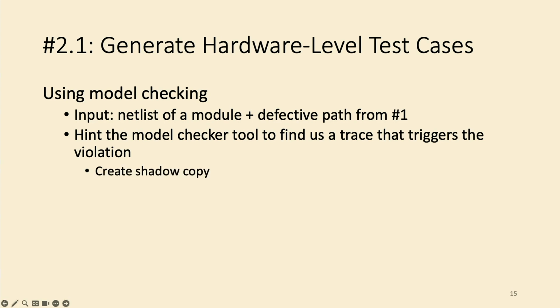So you create a shadow copy of the circuit, and then you encode a constraint that says, given the same inputs to the circuit, is it possible to produce different outputs? Because that shouldn't happen, right? It's a sequential circuit. Is it possible to produce a different output given some aging-related effects? And if it is possible, it means there's maybe an aging-related issue going on. So it's really asking the tool to generate some counterexamples.